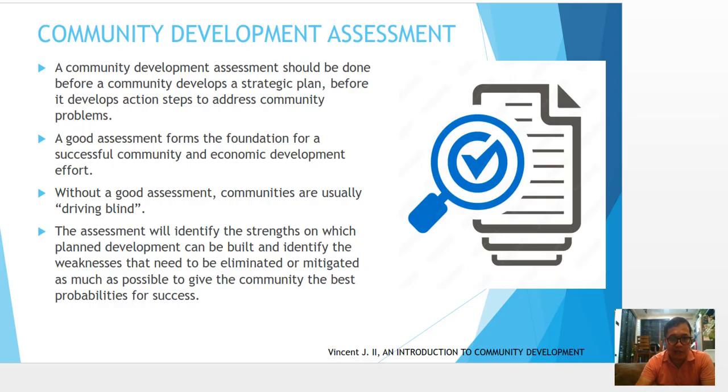So the assessment will identify the strengths on which plan development can be built and identify the weaknesses that need to be eliminated or mitigated as much as possible to give the community the best probabilities for success. I hope that before you selected the community and the community project during the first part of the midterms, you really did the assessment, class.